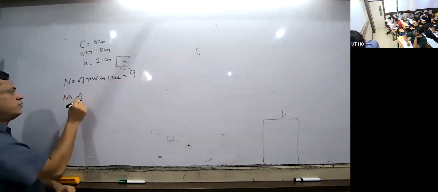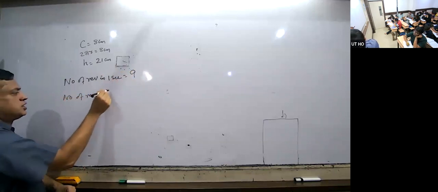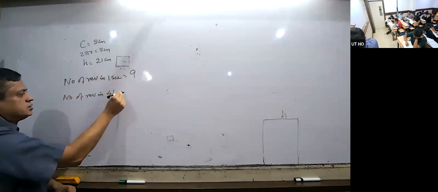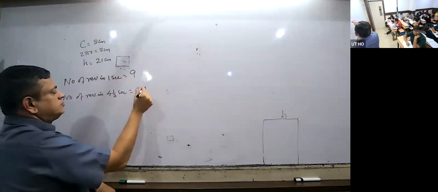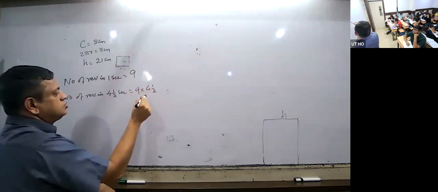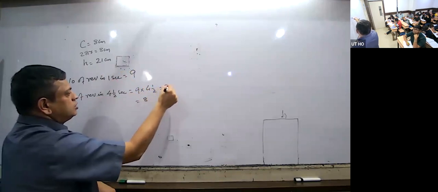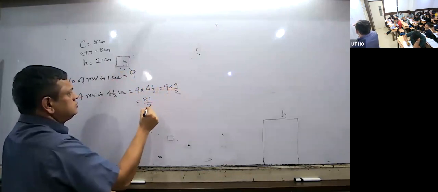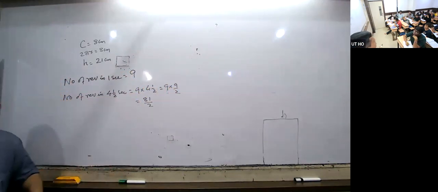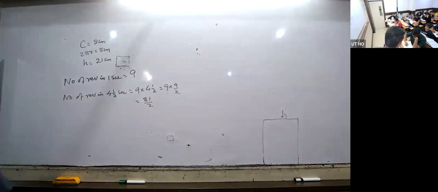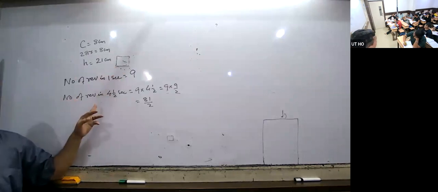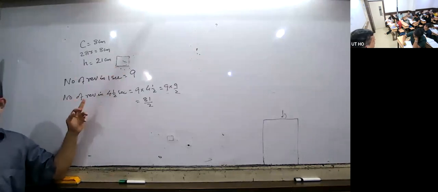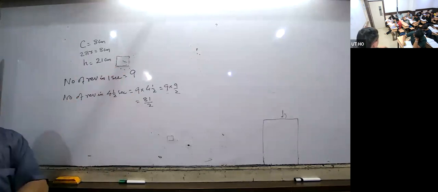Therefore, the number of revolutions in 4.5 seconds will be 9 into 4.5, which is equal to 81 by 2. That is given in the question: it rotates 9 revolutions in 1 second, and the question asks for the distance traveled in 4.5 seconds. Therefore, it is equal to 81 by 2 revolutions.